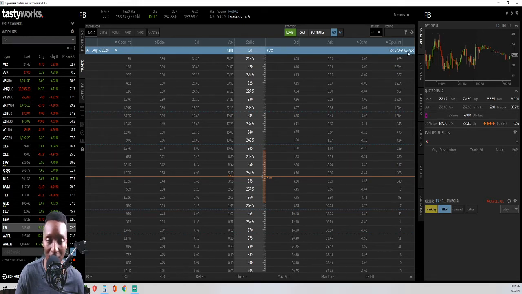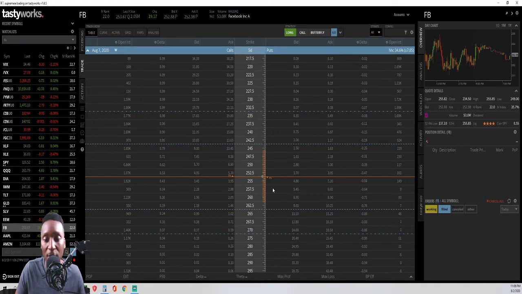But it basically is telling me that in the next 5 days, Facebook is expected to move plus or minus $7.85, right? This is from where it's at right here now. It could go up $7, or let's just call it $8. It can go up $8 or down $8.